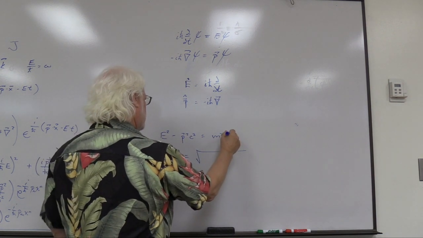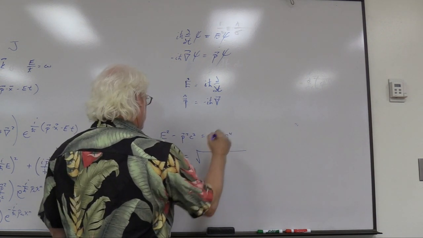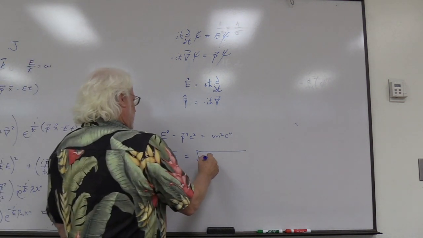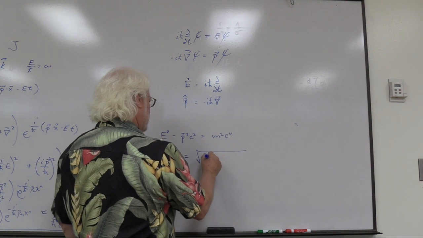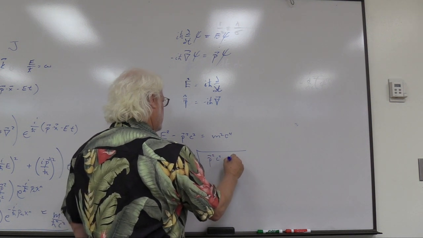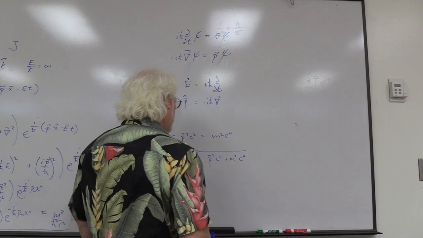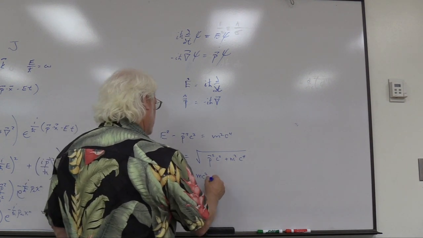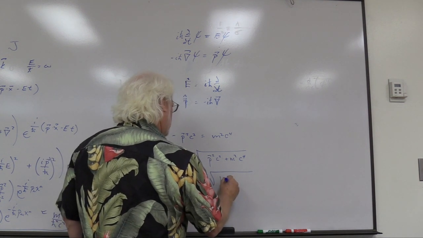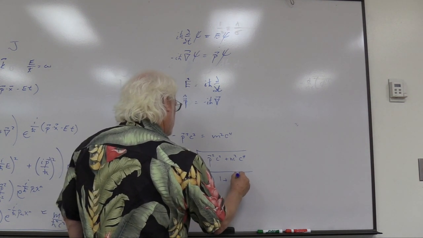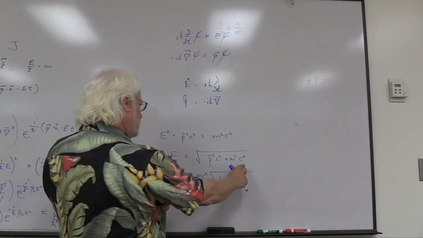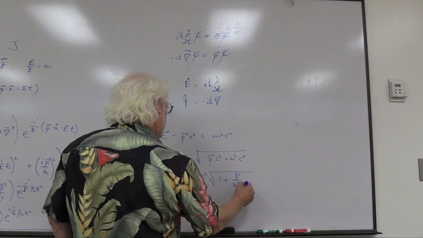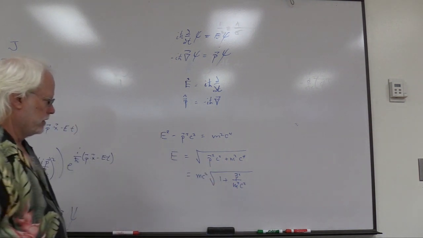So I can look for the positive energy solution. This is going to be m squared c to the fourth, actually. So this becomes p squared c squared plus m squared c to the fourth. And now if I make it non-relativistic, I can pull out an mc squared and write 1 plus p squared over m squared c squared. One of the c's cancels.